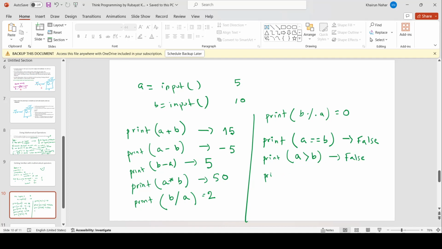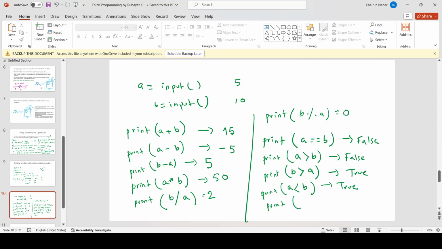If I print b greater than a, I'll get true. If I print a less than b, I'll get true as well.